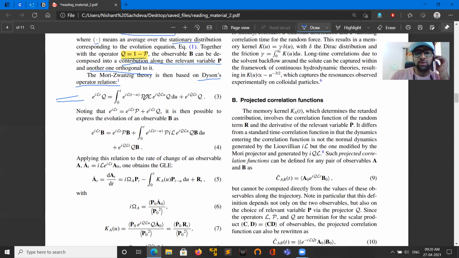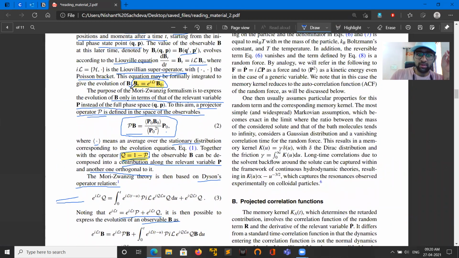So that's e to the power iLt equals the integral from 0 to t of e to the power iL(t minus u) P iL e to the power iQLu Q du, plus e to the power iQLt Q. Now we know that e to the power iLt is e to the power iLt P plus e to the power iLt Q. That is its contribution along two variables, because one is Q plus P. So we have one contribution along P and the other along Q. So it is then possible to express the evolution of the observable B as follows.